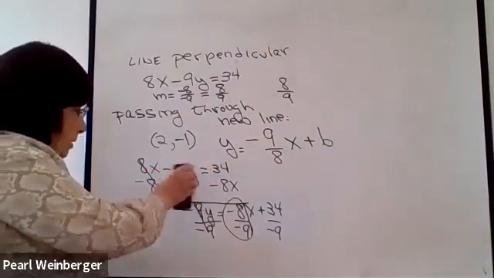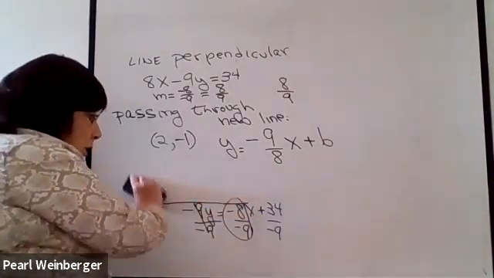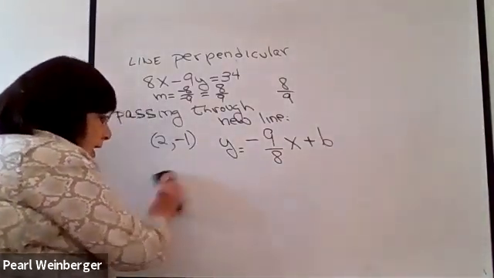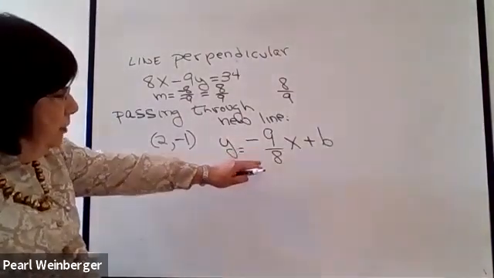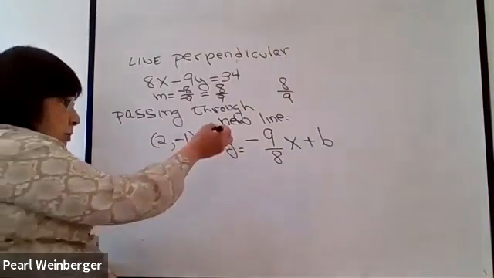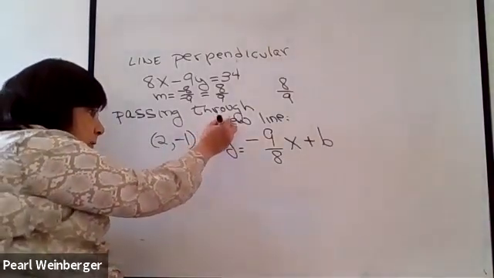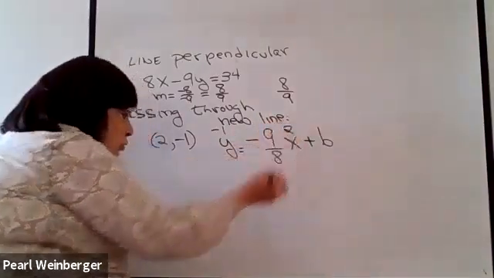Okay, but I gave you this as an open-ended question. So I'm going to erase this part because we already used it, and I'm going to go on from here. How do I find the b when I know my slope is negative 9 over 8 and the point is 2, negative 1? Wherever I have a y, I'm going to put negative 1, and where I have the x, I'm going to put 2.